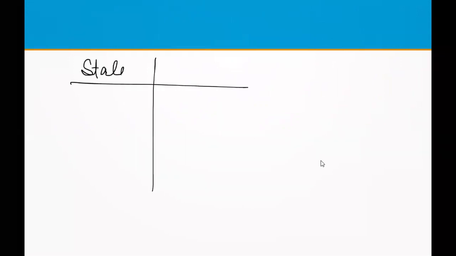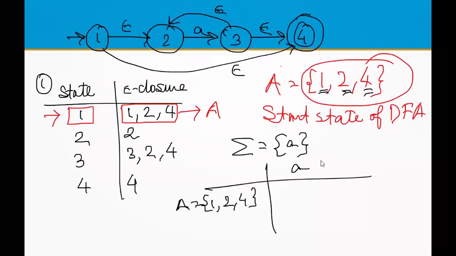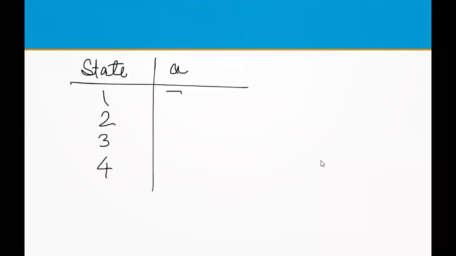So let me draw the state transition table for the NFA like this. My state is here, my transition on input symbol a. So I have 4 states, 1, 2, 3, and 4. 1 on a doesn't go anywhere. 2 on a goes to 3.